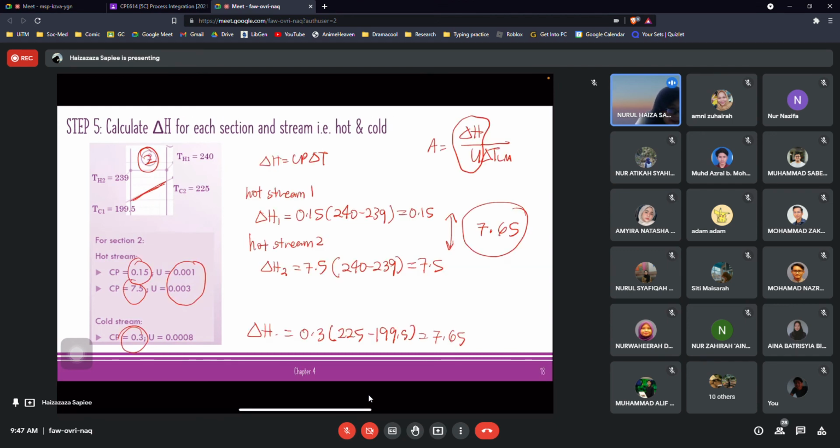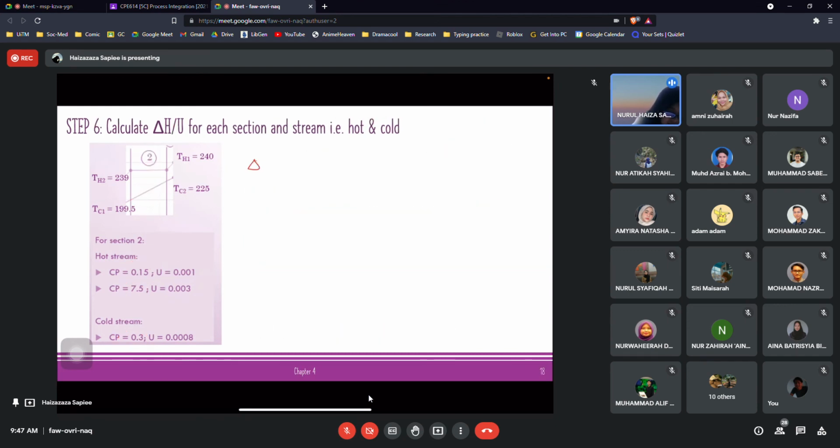So kita akan ambil you punya value tadi. So your delta H1, which is 0.15 divide by 0.001. So kita akan dapat 150. Delta H2 equals to 7.5 divide by 0.003. So you akan dapat 2,500.